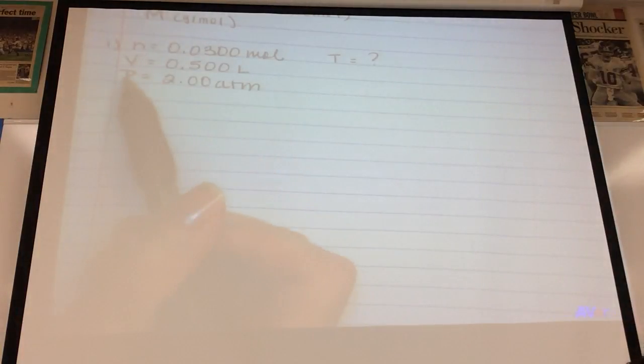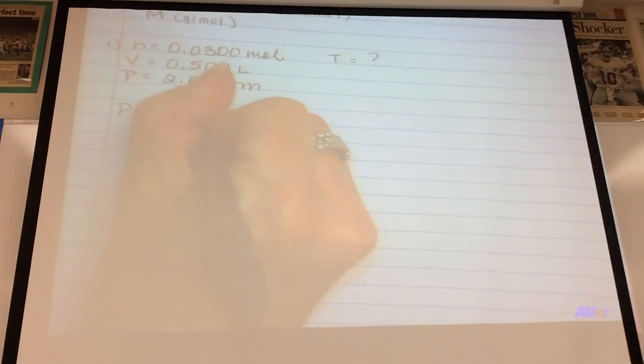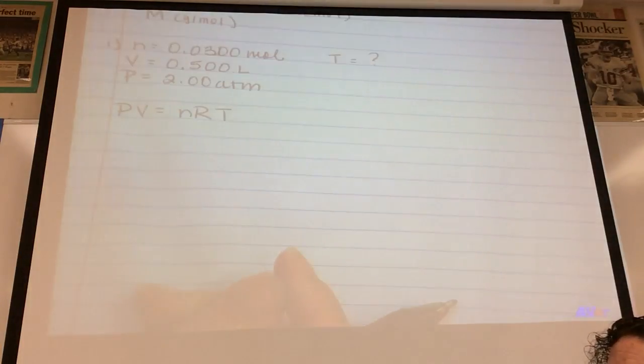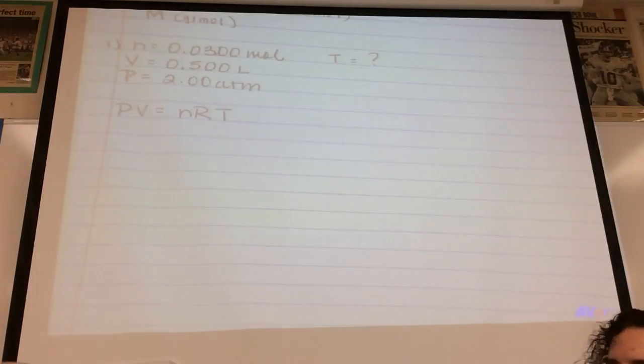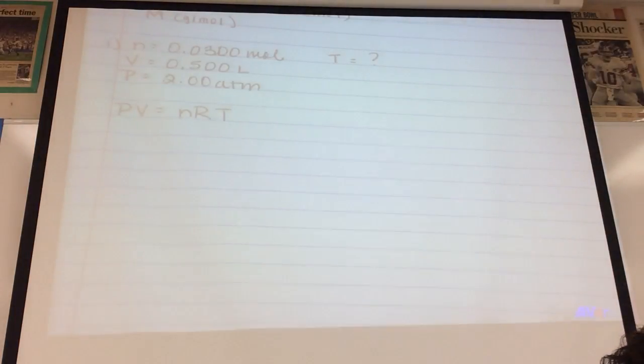Based on the fact I have P, V, n and I'm looking for T, that tells me that I'm going to use PV equals nRT, because that's going to make it the simplest for me. Now I'm going to solve for temperature, and this is what I'm seeing.